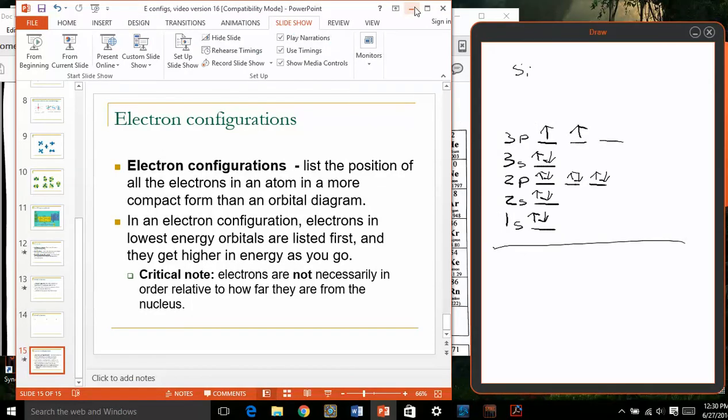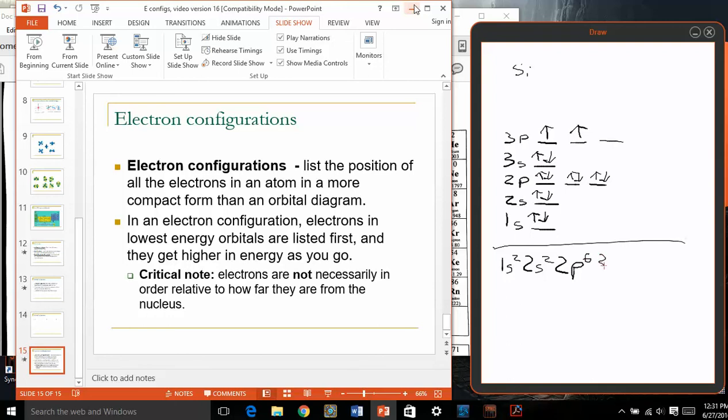So, for instance, going back to silicon here, we have silicon's orbital diagram. If I was going to write the electron configuration for this, I see 1s and there's 2 electrons in it. So I would go 1s2, and then 2s, and there's 2 electrons in the 2s orbital, so I'd put a 2 there. And then I'd go 2p. There are 6 electrons in the 2p orbitals, so I would put a 6 there.